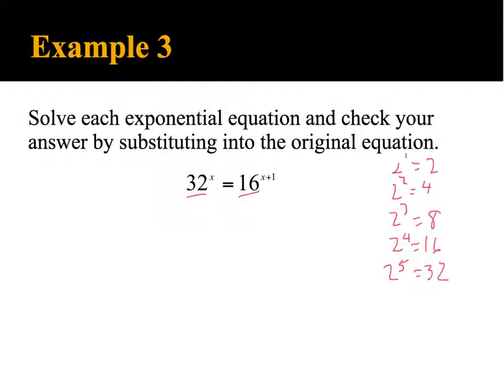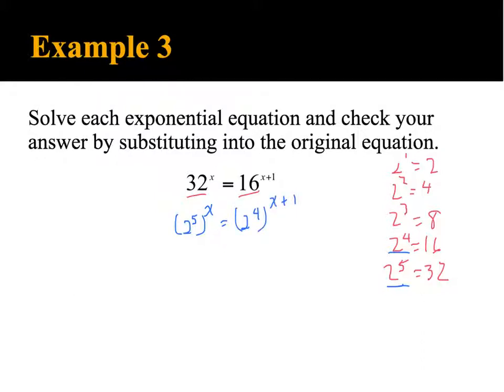And so now that I have this, I can see, here we go. This looks promising. I can replace 32 with 2 to the 5th, and I can replace 16 with 2 to the 4th. And so the way I'm supposed to write this is 2 to the 5th, which is 32, raised to the x, equals 2 to the 4th, which is 16, raised to the x plus 1.